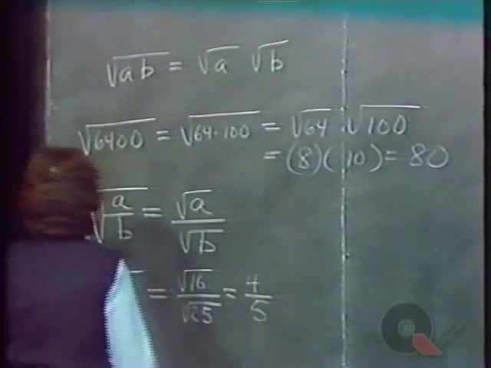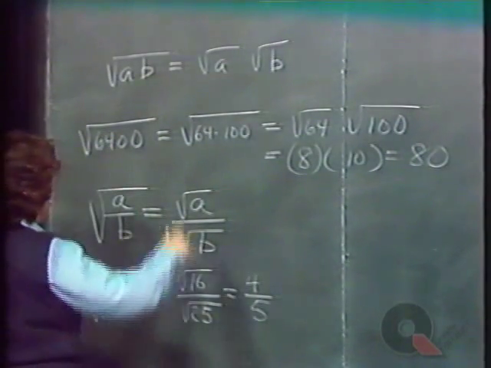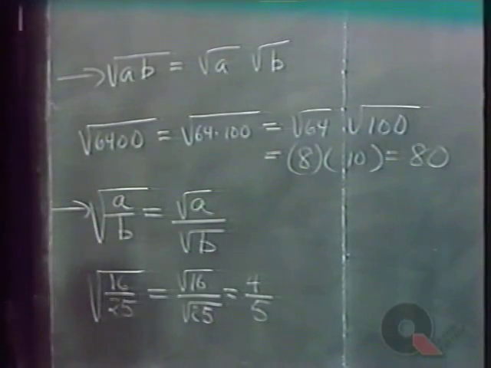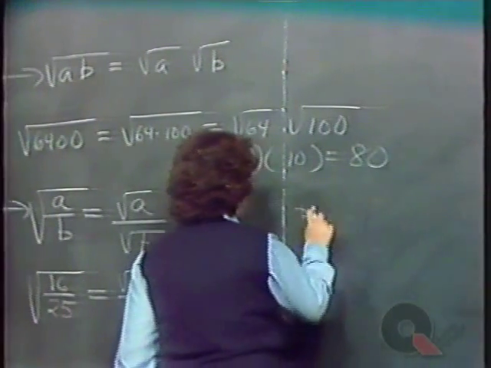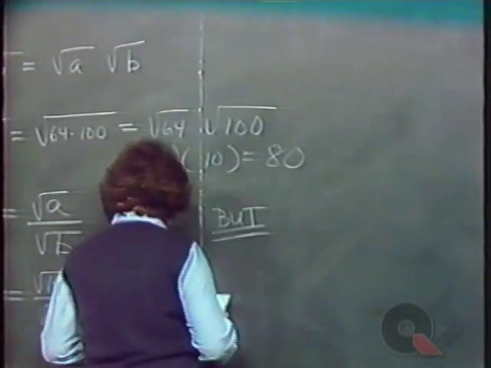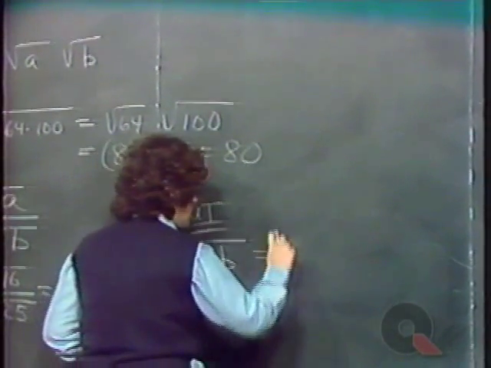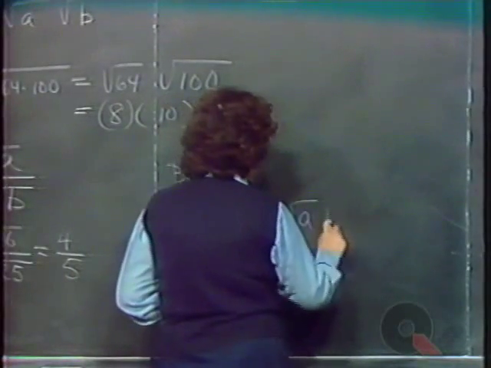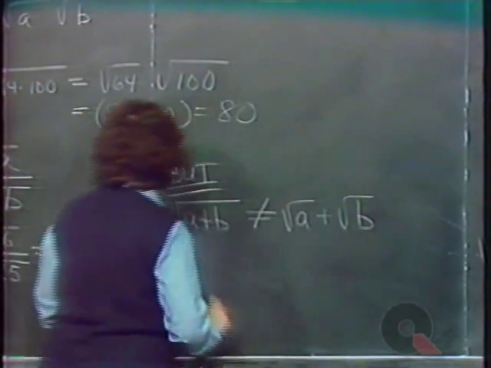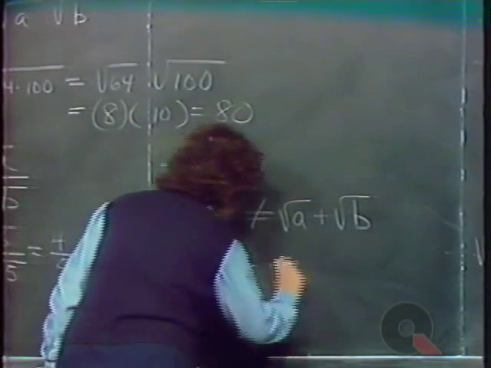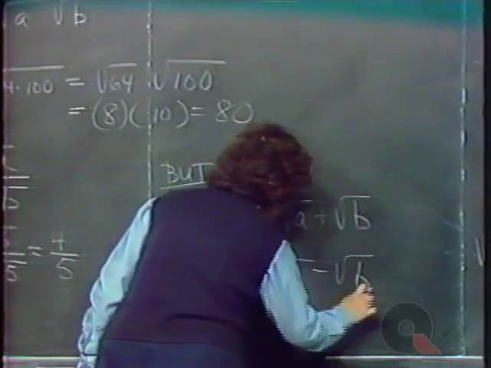However, these simple rules do not work for addition and subtraction. We have one for multiplication and one for division. However, remember that the square root of a sum is not equal to the sum of the square roots, and the square root of a difference is not equal to the difference in the square roots.